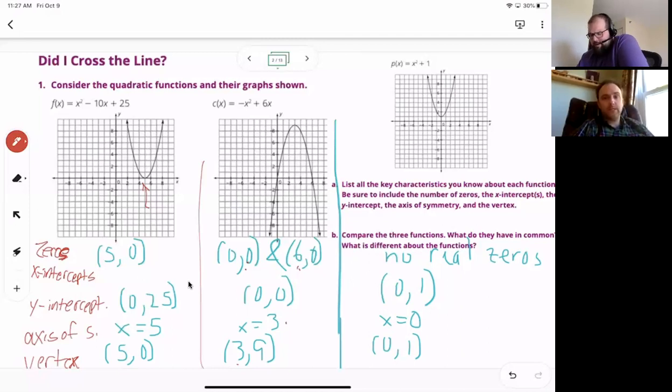The other thing that I noticed is that the first and third graphs are what we called concave up, and the second graph is concave down. Sometimes we call these smile parabolas and frown parabolas, or up parabolas and down parabolas. Any of those words where we are mathematically is totally fine. Cool. I think we did it there.